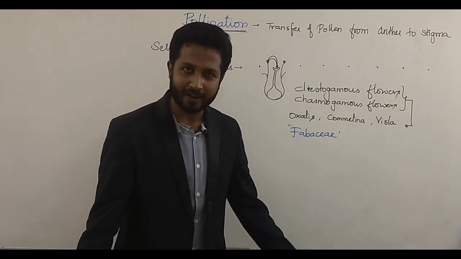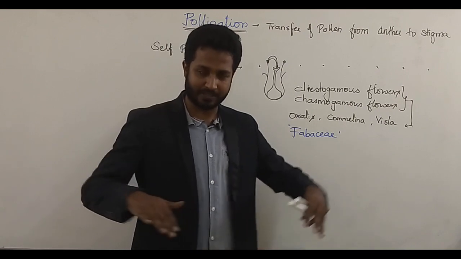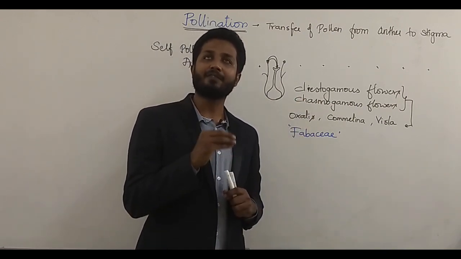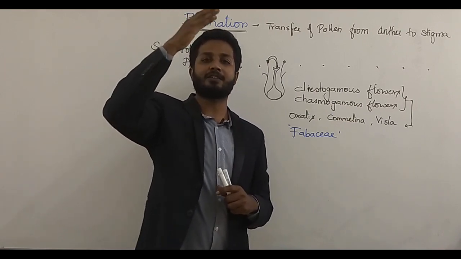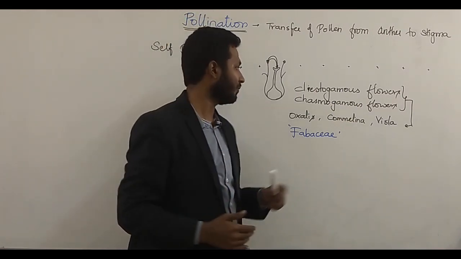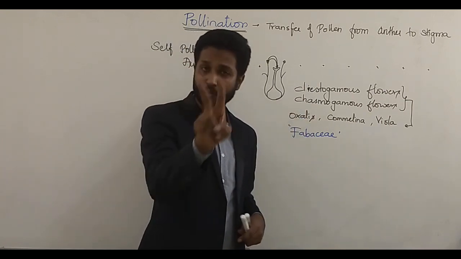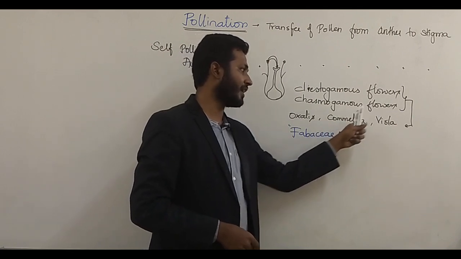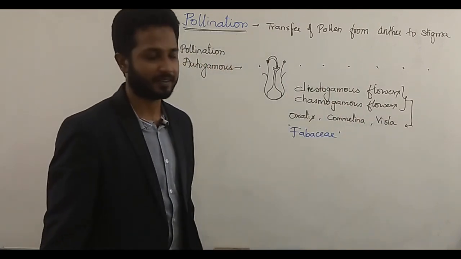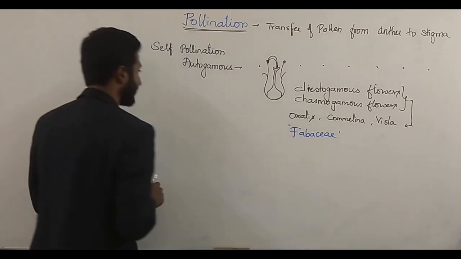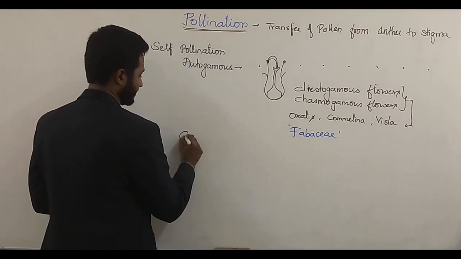The lower region of the plant will produce cleistogamous flowers. The part which is aerial, towards the upper part, that region of the plant will show you chasmogamous flowers. So there are two types of flower in one plant: oxalis, camelina, viola.